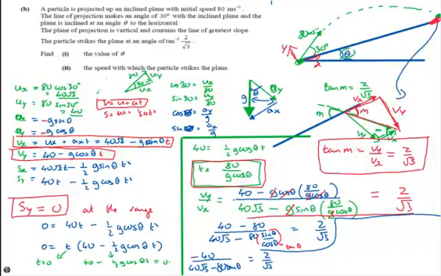So we get minus 40 root 3 is equal to 2 brackets 40 root 3 minus 80 tan theta. Multiplying that 2 in, we get minus 40 root 3 is equal to 80 root 3 minus 160 tan theta. Bring that over and subtract, and I'd have 160 tan theta is equal to 120 root 3.